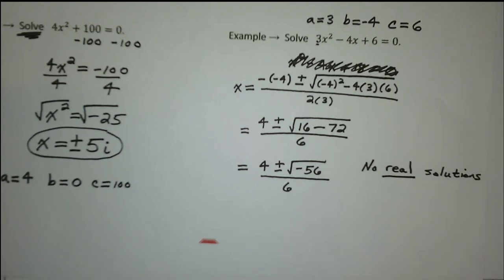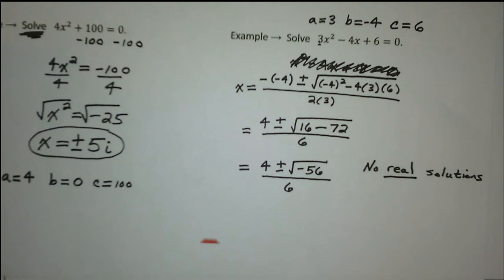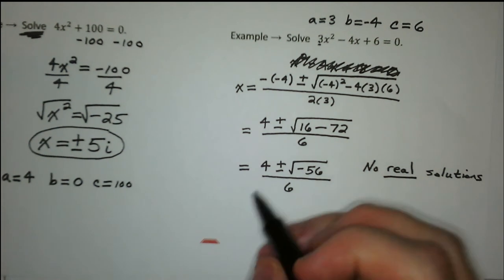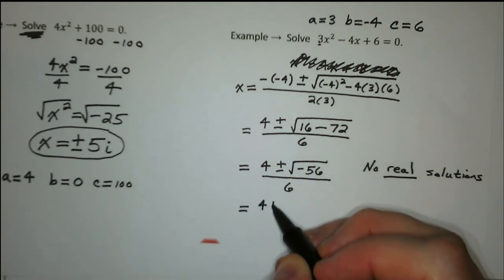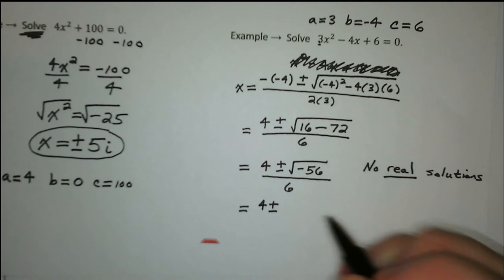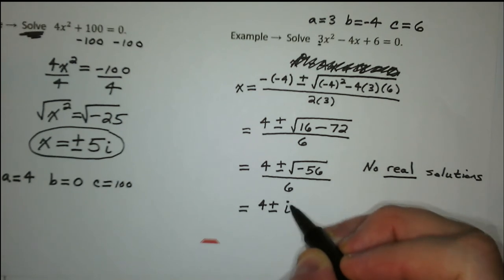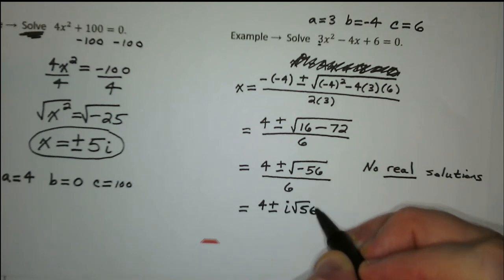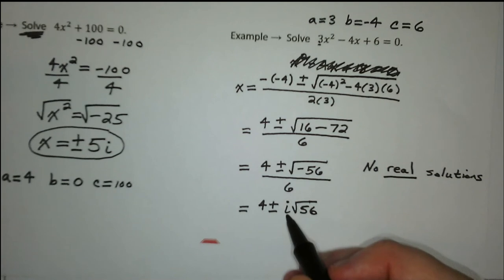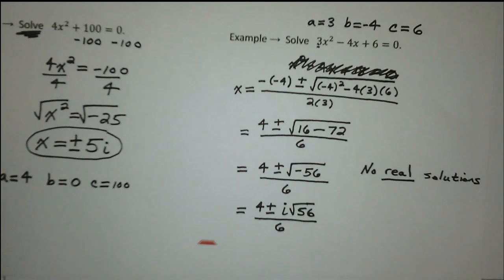But there are some imaginary ones, because now we know that we can take out the negative, but we do have to have it as i. 4 plus or minus i root 56 all over 6.